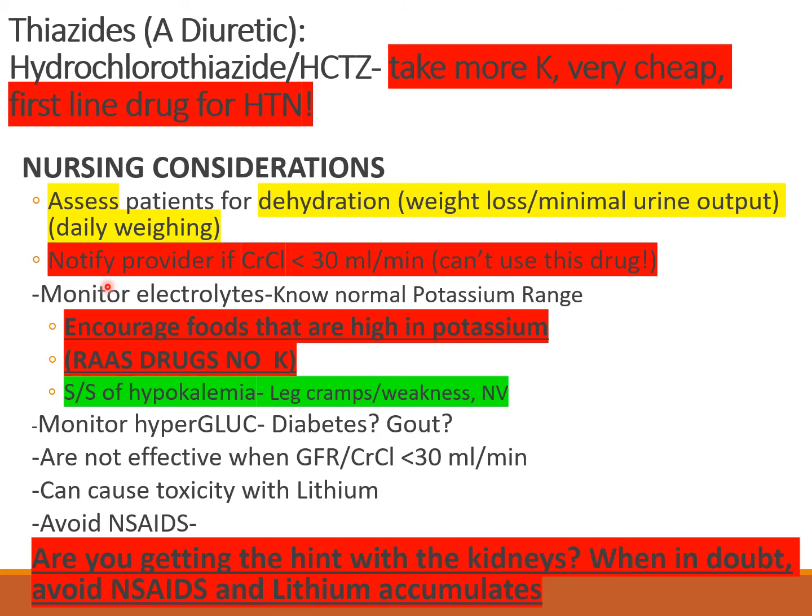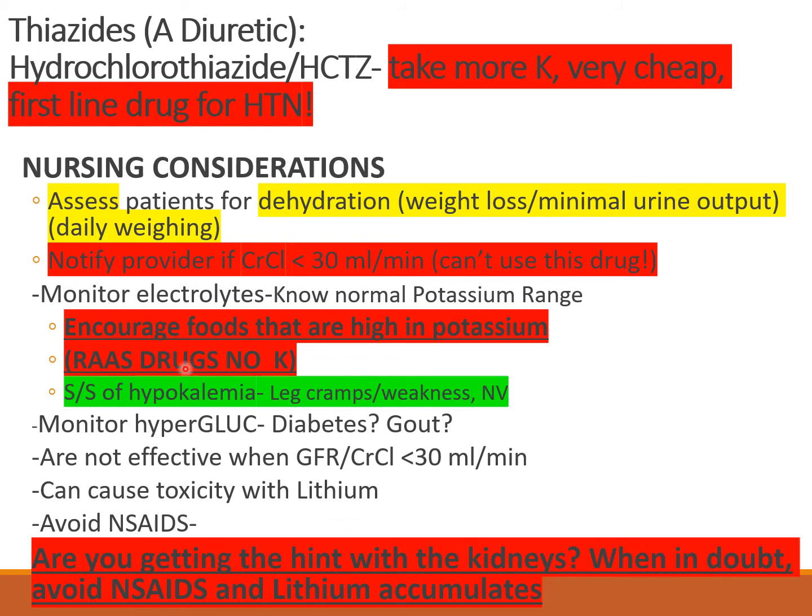And we notify the provider if the creatinine clearance is less than 30 ml per minute. We cannot use this drug, it will not act. We encourage foods which are high in potassium. Because it's a diuretic, there is potassium loss as well. Hypokalemia is seen, so we need foods high in potassium.